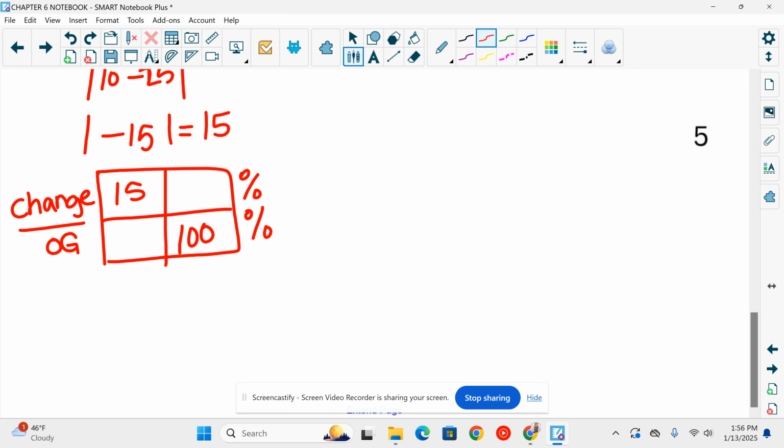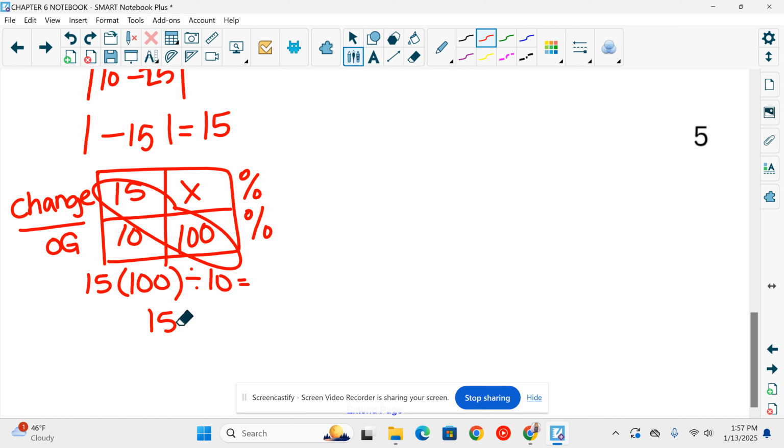What was my original? 10. I'm trying to find my percent, so I'm going to cross multiply 15 times 100. It's going to give me 1,500 divided by 10. Gives me 150%. I would say that's a pretty big increase, wouldn't you? Yeah. All right, you try the second one.